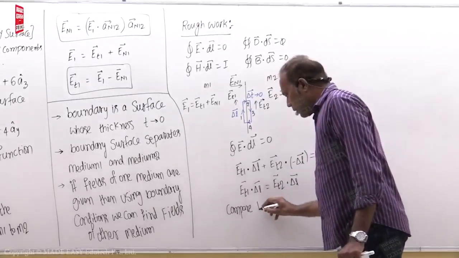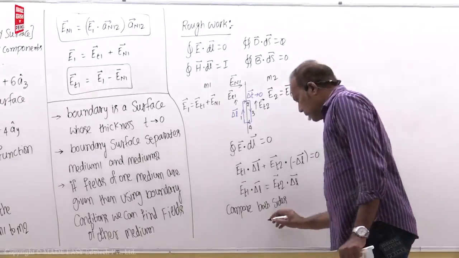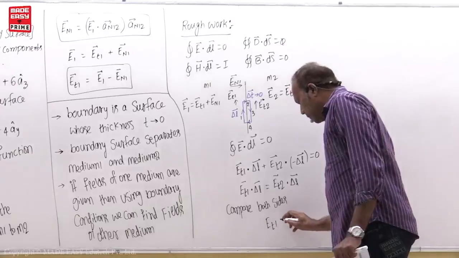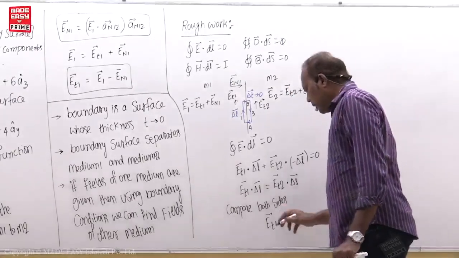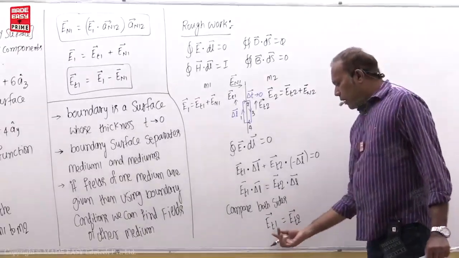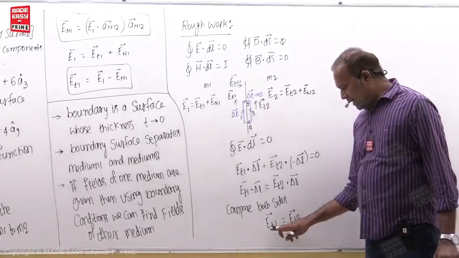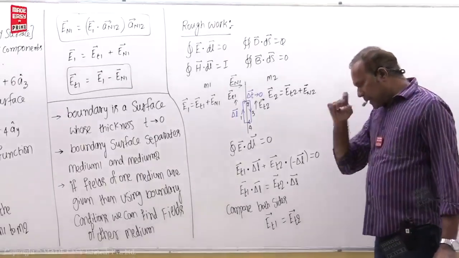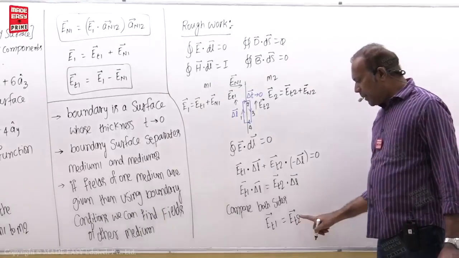If you compare both sides, then you get ET1 bar is equal to ET2 bar. So even if you take modulus also, that is equal. So how do you read this one? Tangential components of electric field intensity in medium 1 is equal to tangential component of electric field intensity in medium 2.